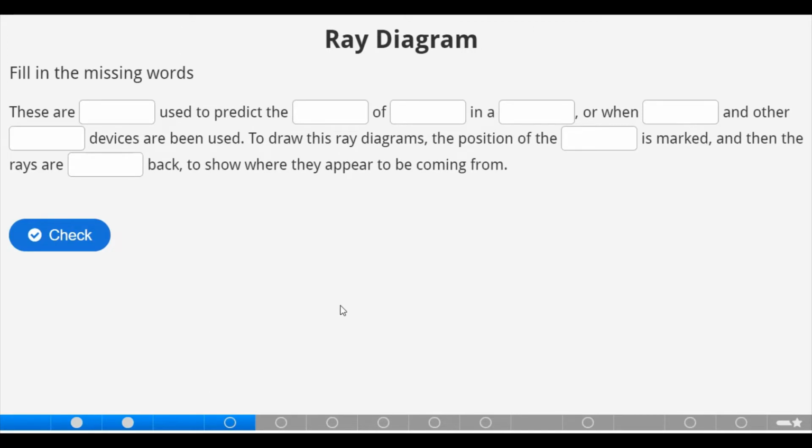So let's deal with ray diagrams, also by filling in the missing words.